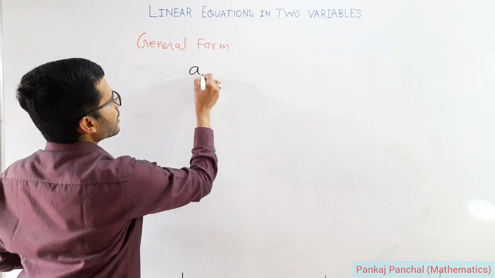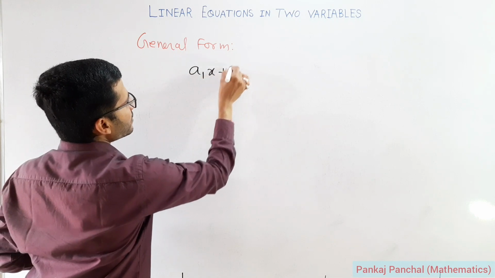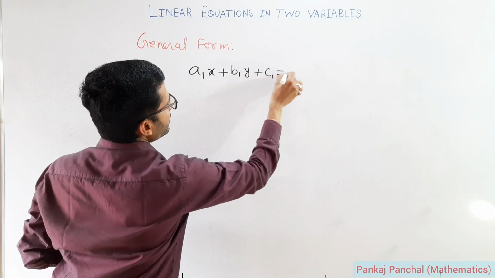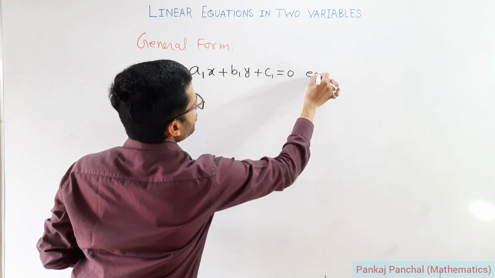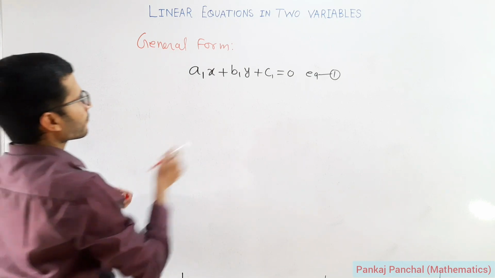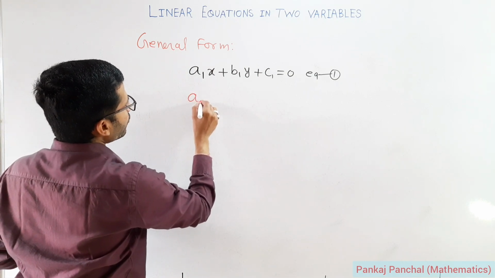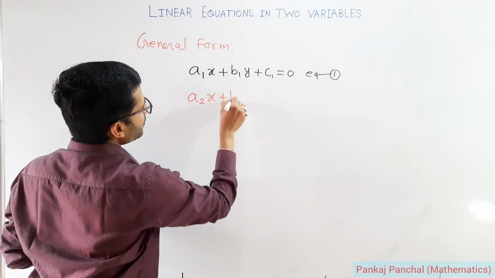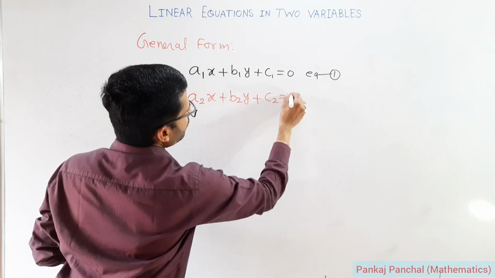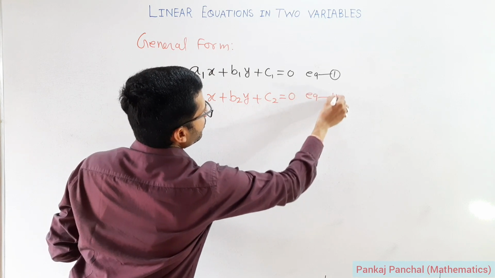First, a1x plus b1y plus c1 is equal to 0. This is equation number 1. And second equation, a2x plus b2y plus c2 is equal to 0. This is equation number 2.